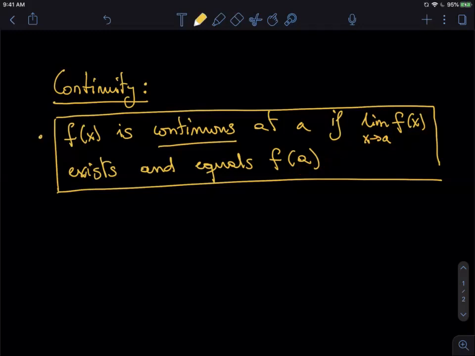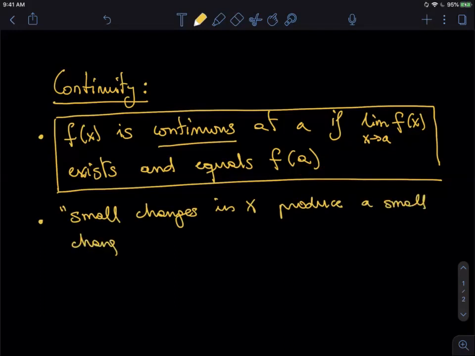There are alternative ways that we can think about continuity. We can think about it as small changes in x produce a small change in f of x. If you wish, a function is continuous if small changes in the input produce small changes in the output.